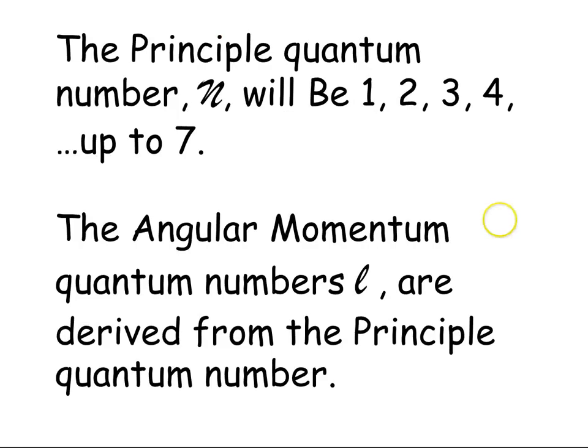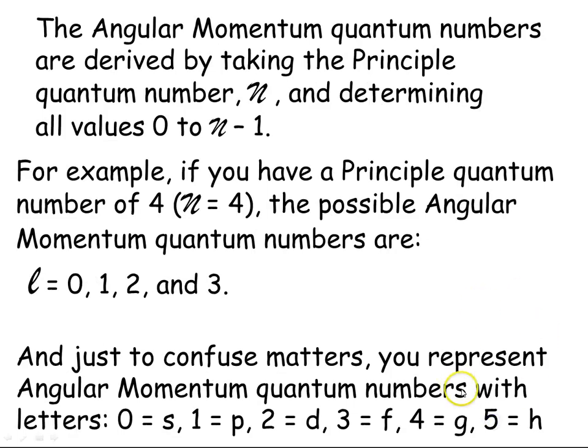Okay? Now, the principal quantum number, n, you simply number 1, 2, 3, 4, up to 7. The angular momentum quantum numbers, L, are derived from the principal quantum number. I'll show you how. Here's what you do. For the angular momentum quantum number, take the principal quantum number n and take all the values 0 to n minus 1.